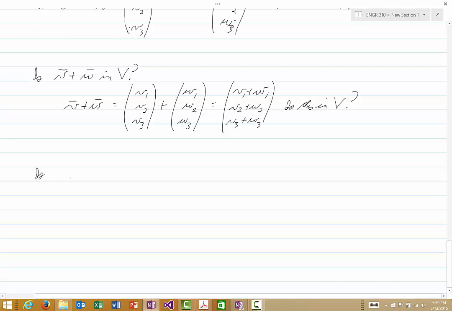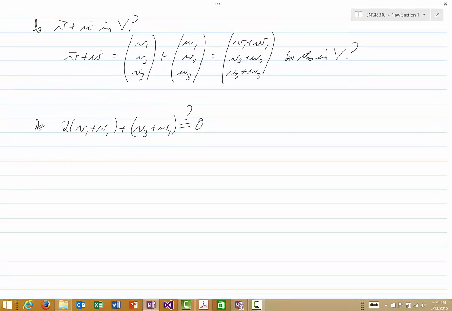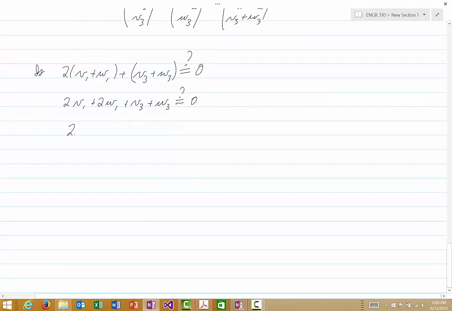So we say, is 2 times V1 plus W1 plus the third component, which is V3 plus W3, equal to 0? And now let's multiply out on the left-hand side. We have 2V1 plus 2W1 plus V3 plus W3 equals question mark 0. And now rearrange and make this 2V1 plus V3 plus 2W1 plus W3 equals question mark 0.